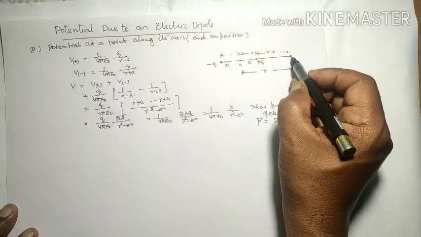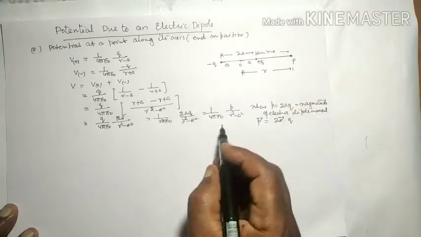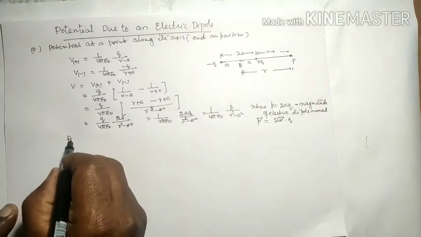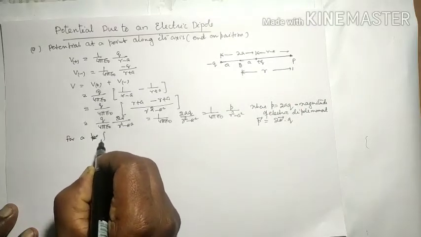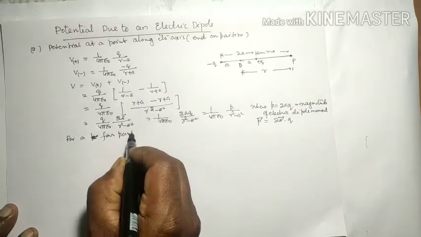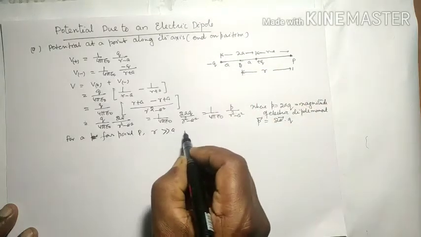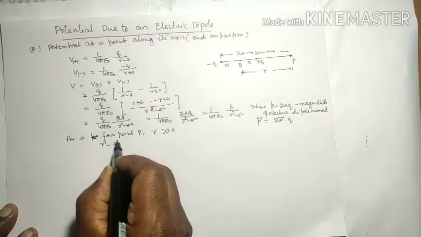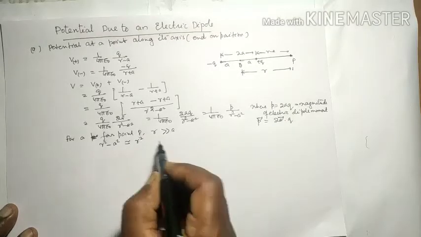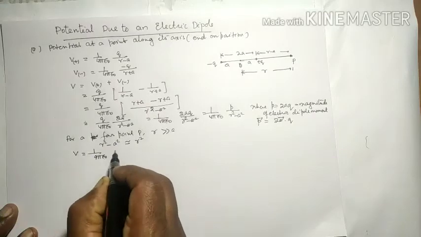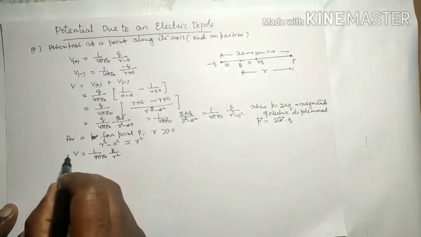So when the point P is far away along the axis from the dipole center O, for a far point P, r is much greater than a. So r square minus a square is approximated as r square. So V equals 1 by 4 pi epsilon 0 into p by r square.